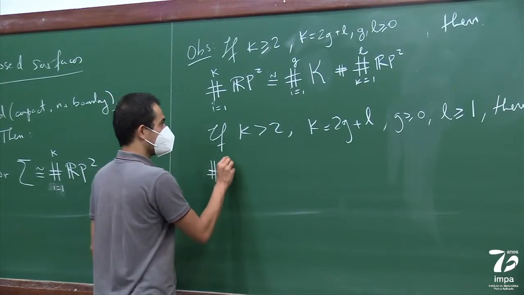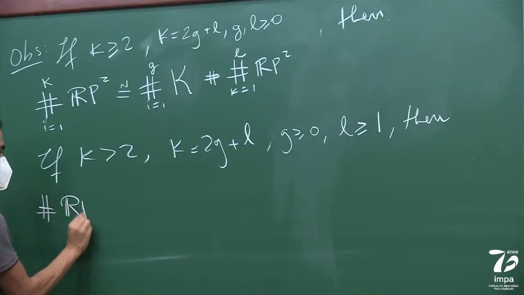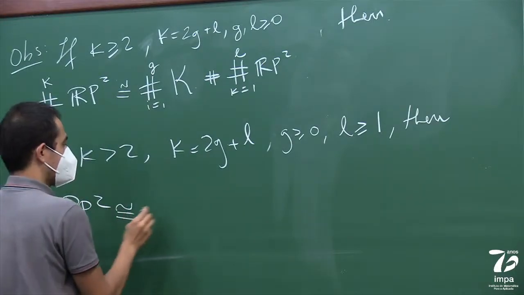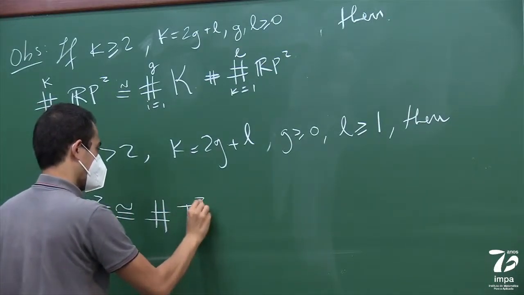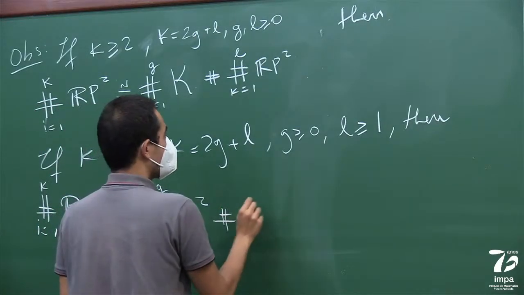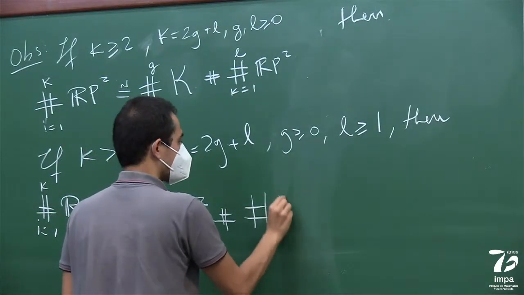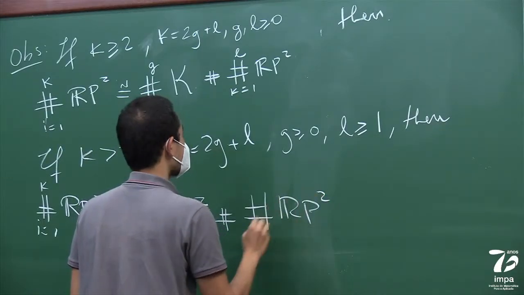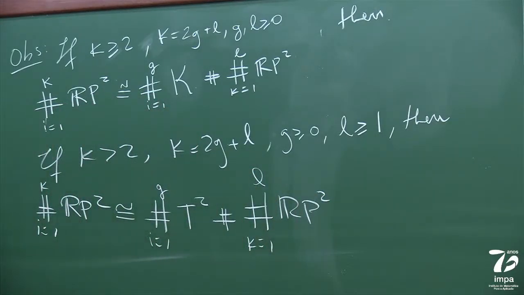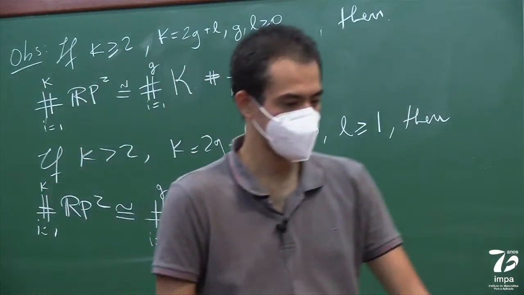So then, this guy is also diffeomorphic to the sum of G tori with L RP2s. Okay. That's the correct statement. Okay. All right, so how do we do that?